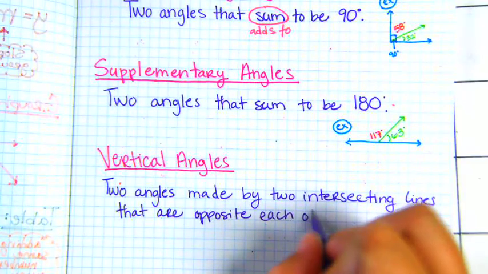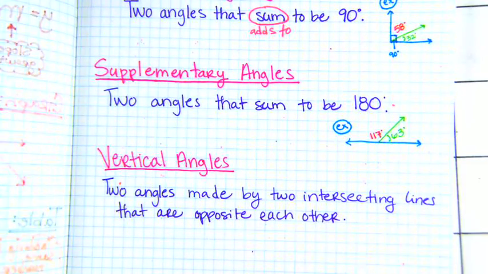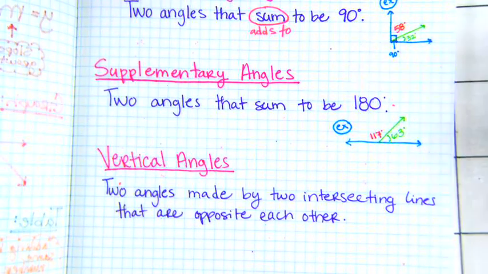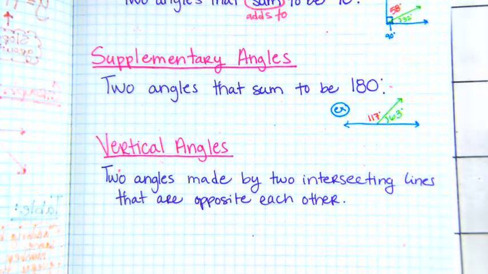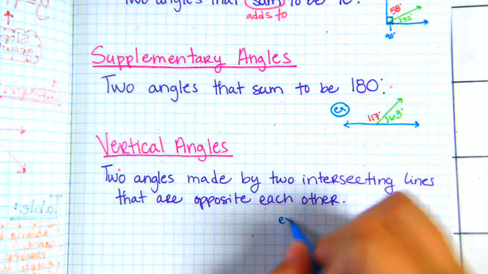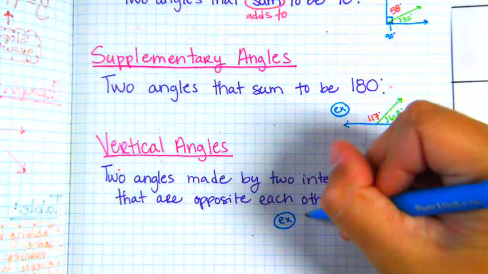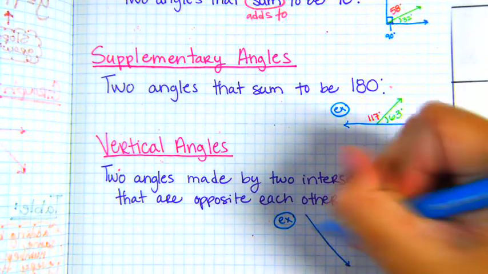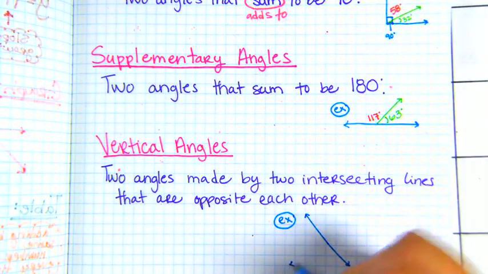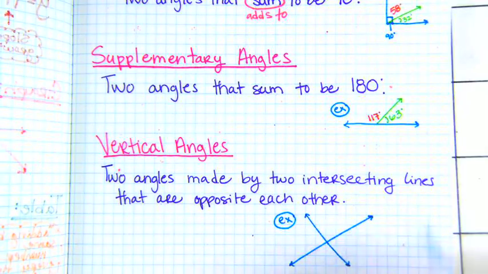And I think I defined that a little bit complicated, but when I draw the picture, it's going to make a little bit more sense. It's two angles made by two intersecting lines. So let's start there. We have two intersecting lines. So that's two intersecting lines right there.